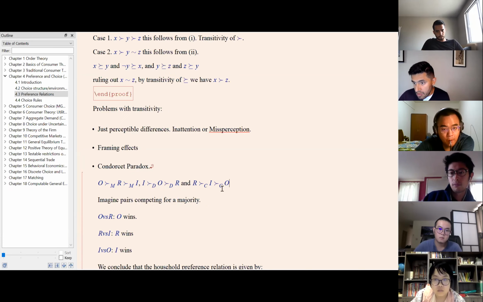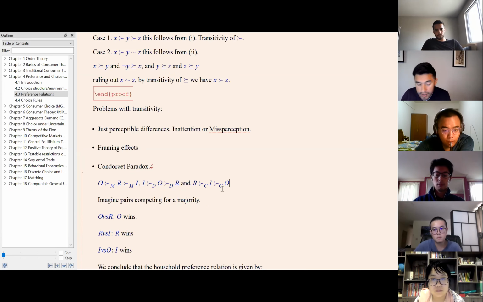But this household doesn't have a dictator, right? So the household is democratic. It will choose by majority, okay? So when facing opera versus rock, who wins? By simple majority, well, I just go and count votes, right? So the mom votes for opera, right? And the dad votes for opera, right? So opera wins. Now, rock versus ice skating. Easy, right? Rock wins.